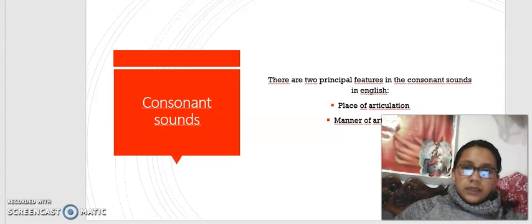The manner, or mode, of articulation is the configuration and interaction of the articulators, the speech organs like the tongue, the lips, and palate, when making a speech sound.